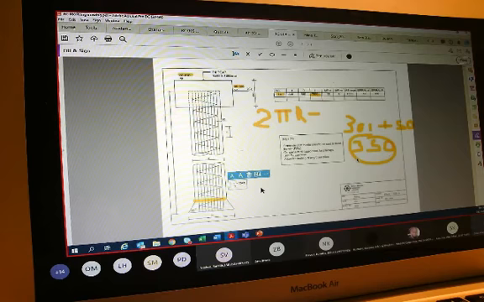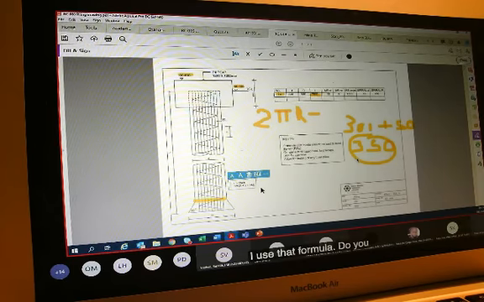Right, I'm saying that L is 7540. What shape am I leaving myself with here? I'm leaving myself there with a trapezoidal shape.